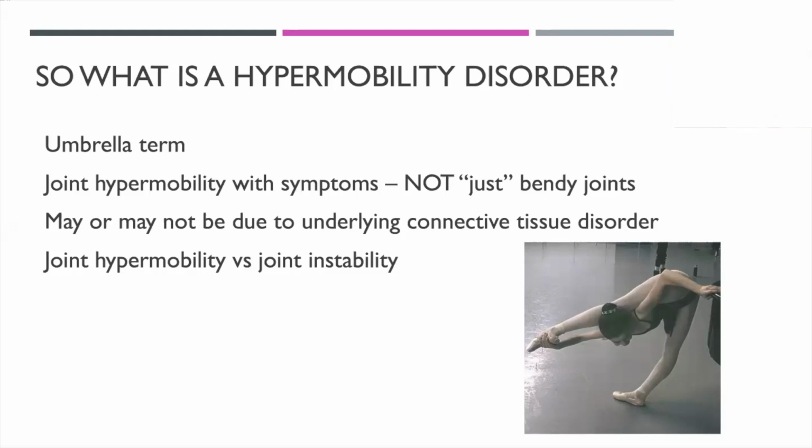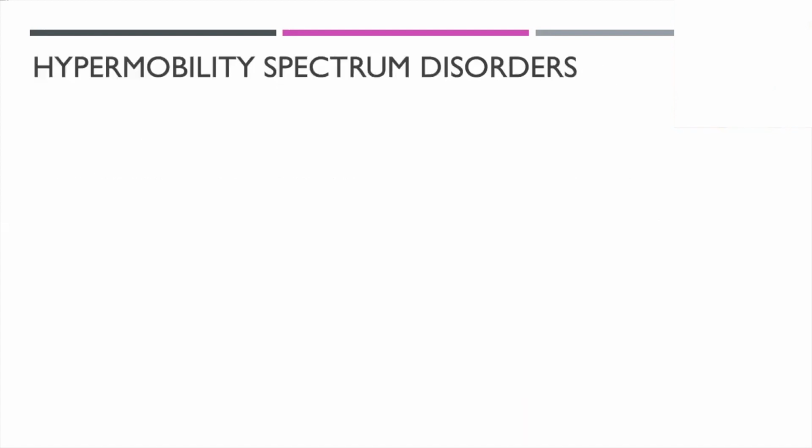Joint hypermobility simply means a greater than average range of motion of the joint, and joint instability is when the joint is having difficulty maintaining proper position. Joint instability is probably even more important than joint hypermobility. However, it's more difficult to measure, so we often use joint hypermobility as a more common proxy.